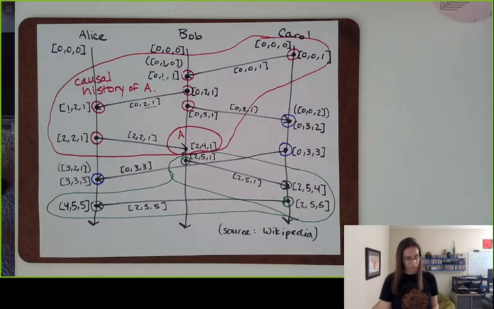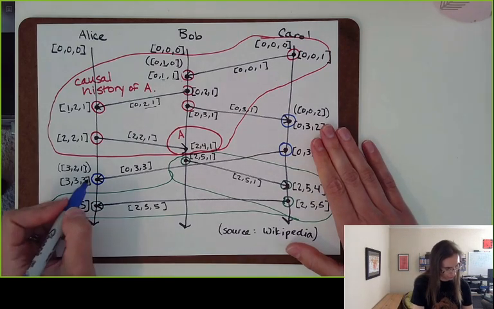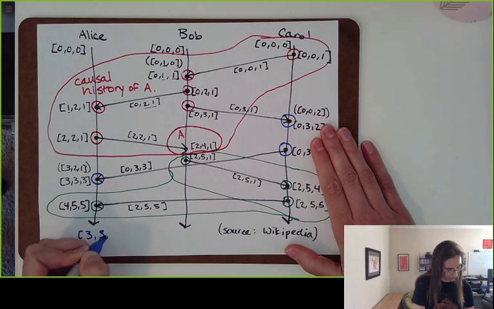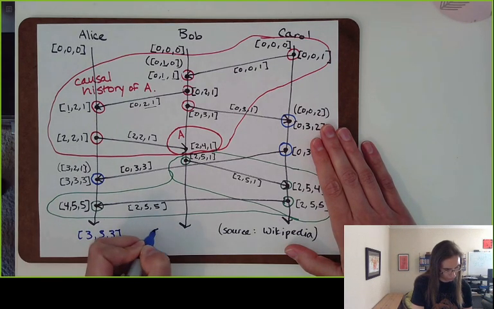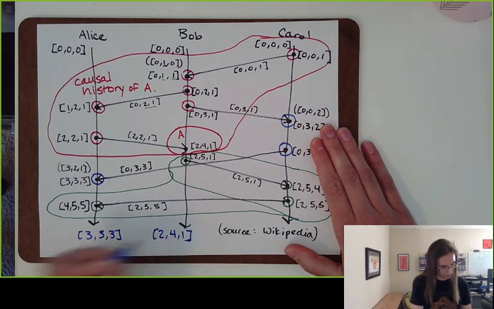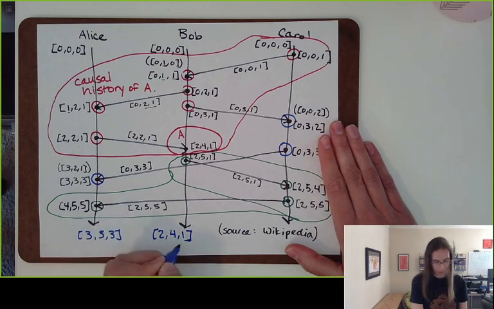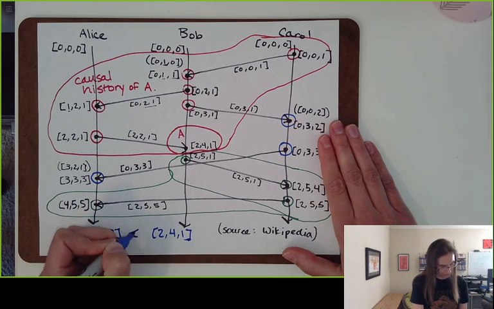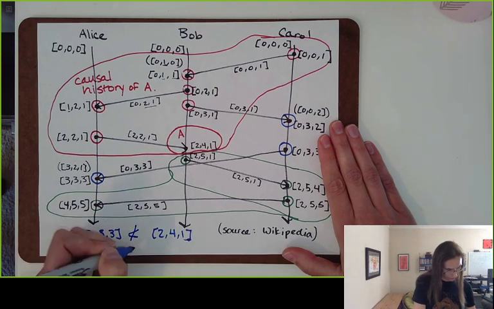Take this one, for example. The vector clock of 333, if I try to compare it to 241, we can't say that it's less than, and we can't say that it's greater than either.